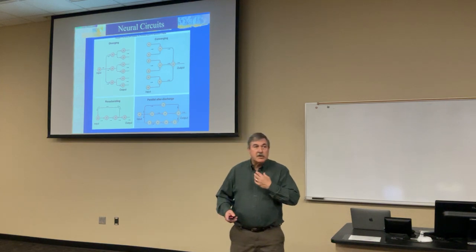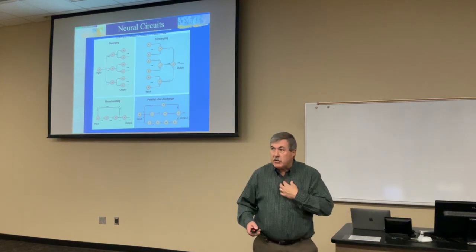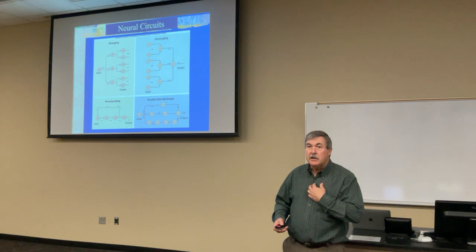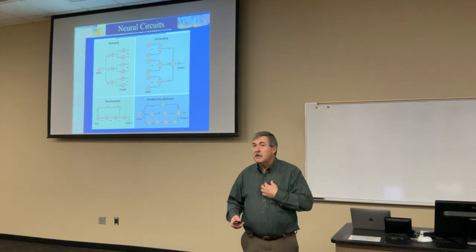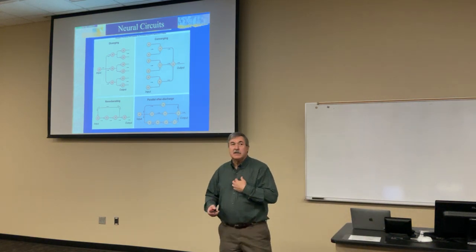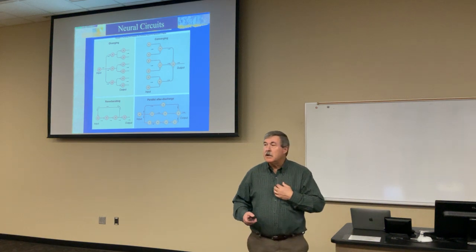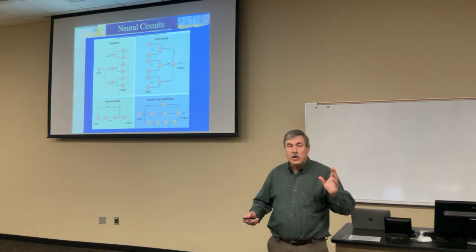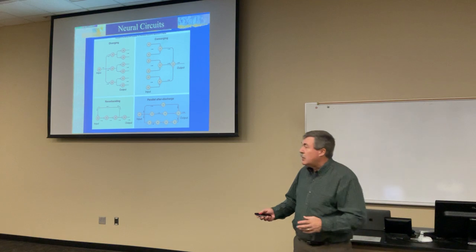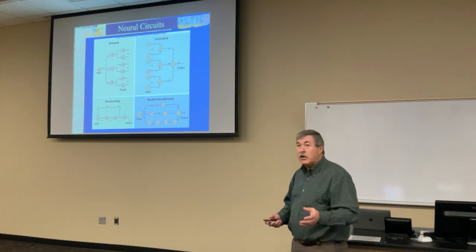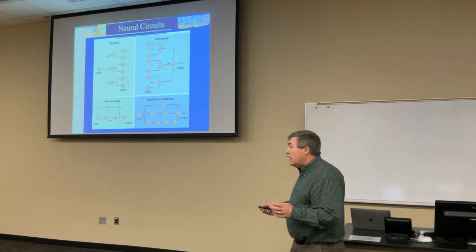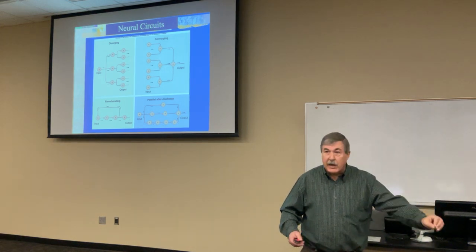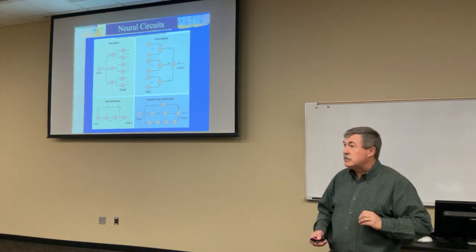In order for us to breathe, our inspiratory muscles have to be stimulated for about 2 seconds, because that's how long it takes us to take in air in our lungs. And so those inspiratory muscles are controlled by reverberating circuits in our brainstem that produce about a 2-second burst of action potentials.